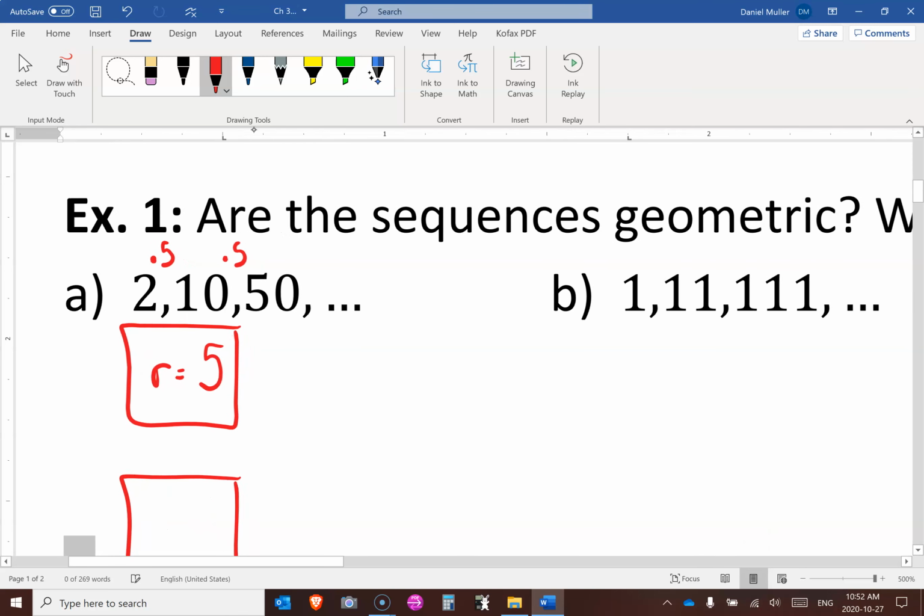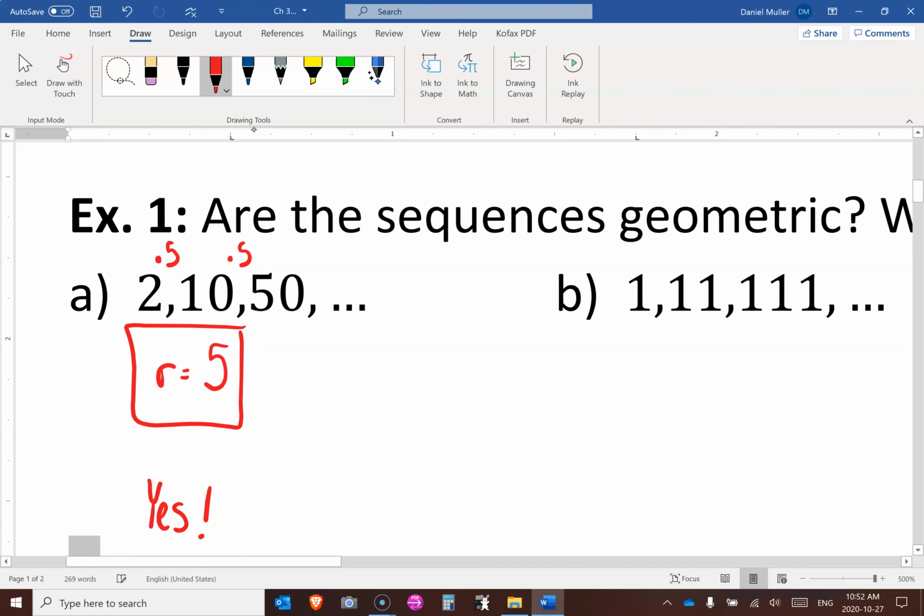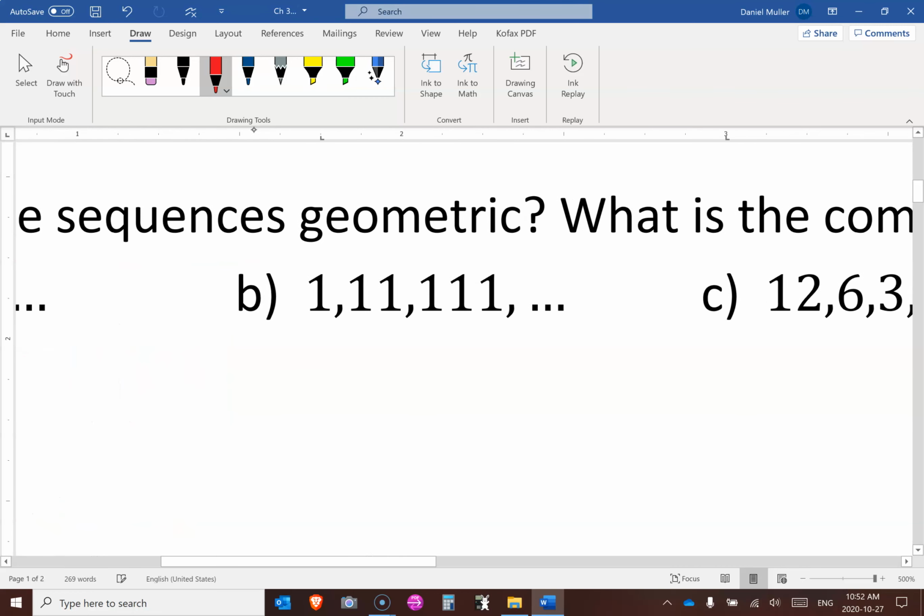Now here, what does it look like we're doing? Well, this one's adding 10, and then from here to here, you're adding 100. So that's not a common thing. So you think, okay, well maybe you're timesing it by 11. So 1 times 11 is 11.